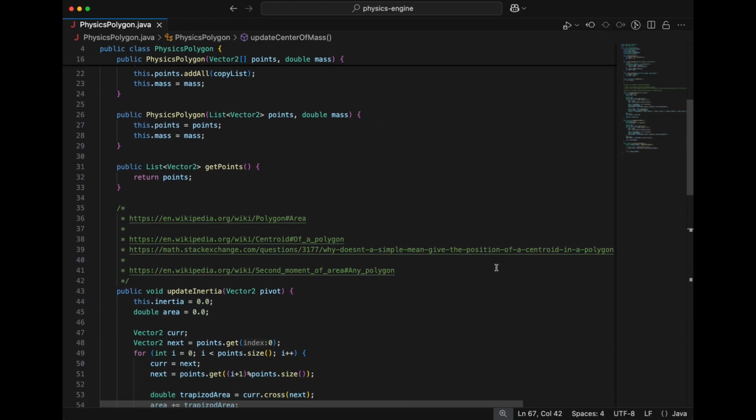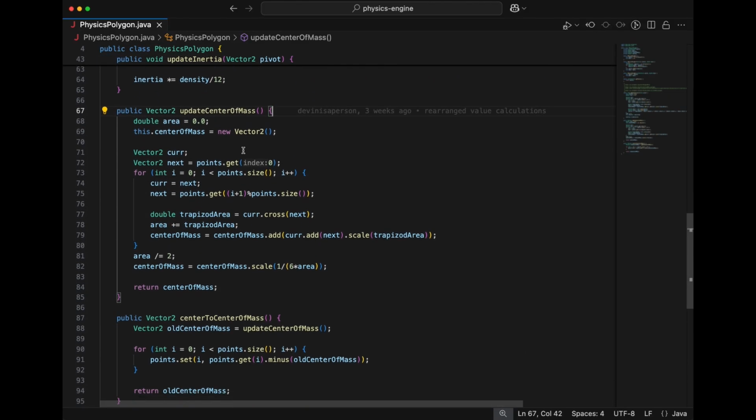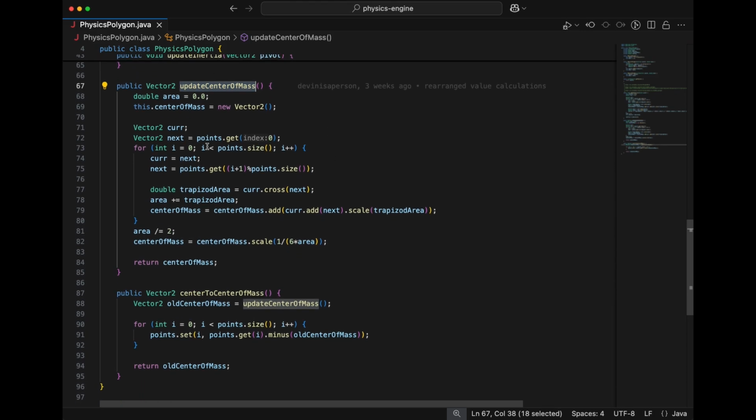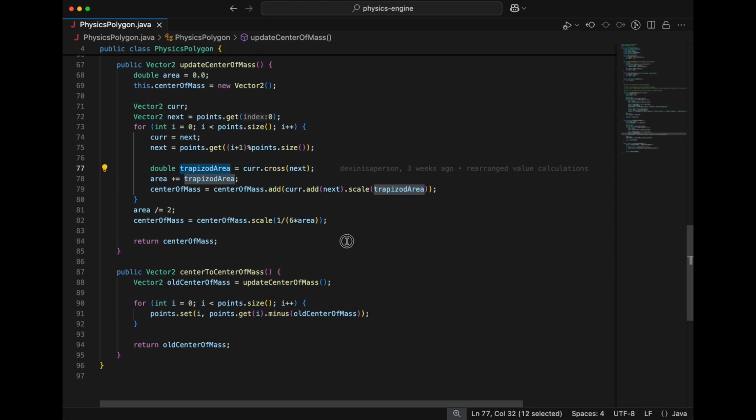Here's what that looks like in code with the update center of mass function, going through the entire list of points in the polygon, getting the current and next points in the list, and then using those linear algebra functions that I defined earlier. Excuse my terrible naming of variables.